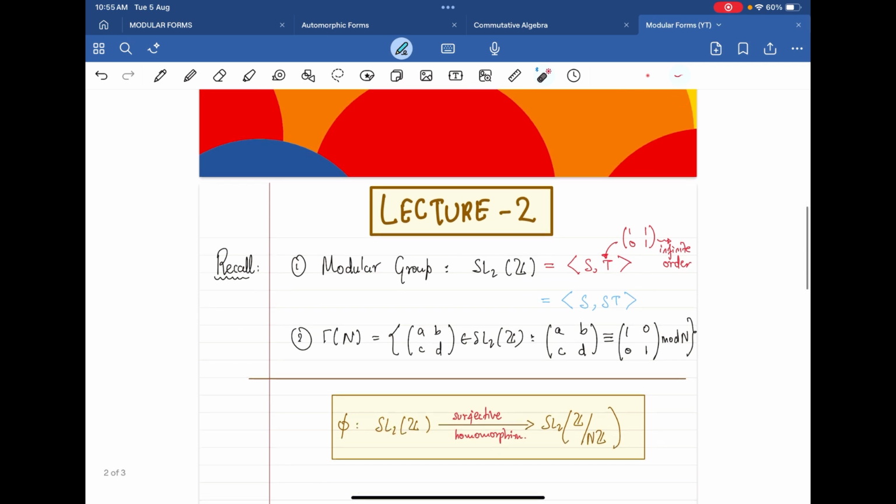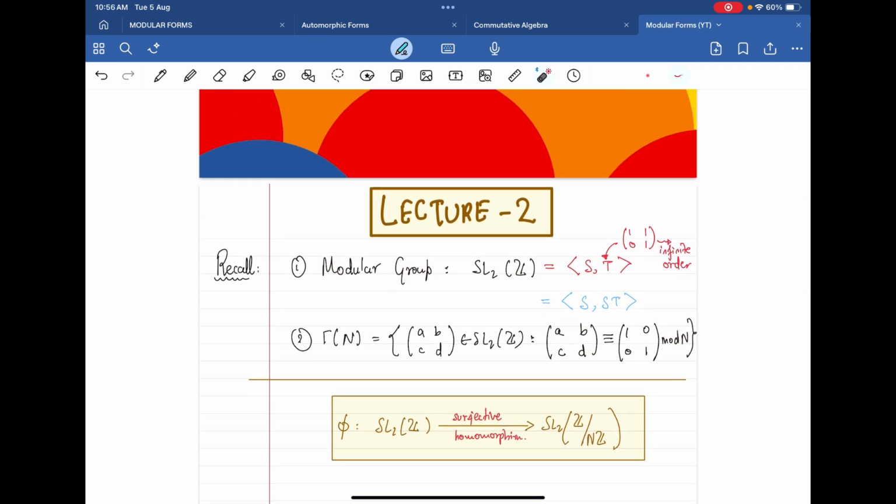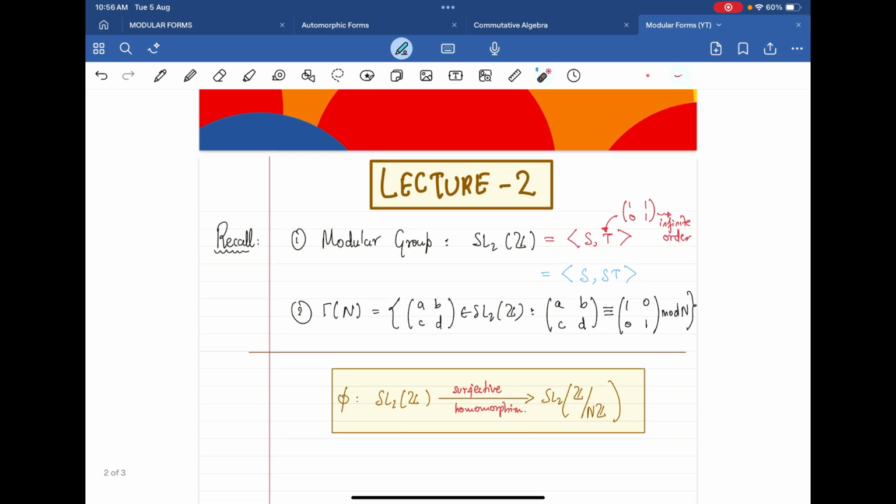Then we did some problems, and we defined what we call the congruence subgroup of level n. The principal congruence subgroup of level n, denoted gamma n, is defined like this.